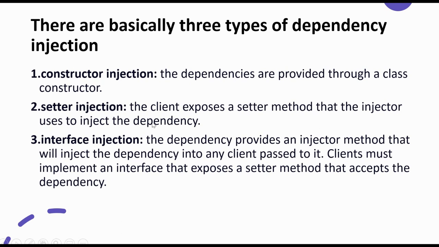Basically, dependency injection is used so that our system does not create an object by the new keyword or directly in the code. Why do we not want that?